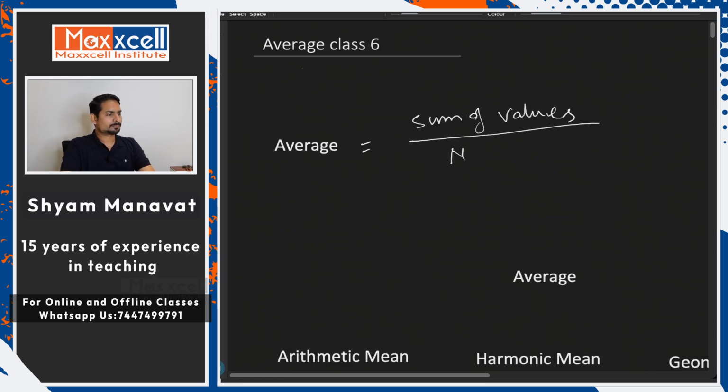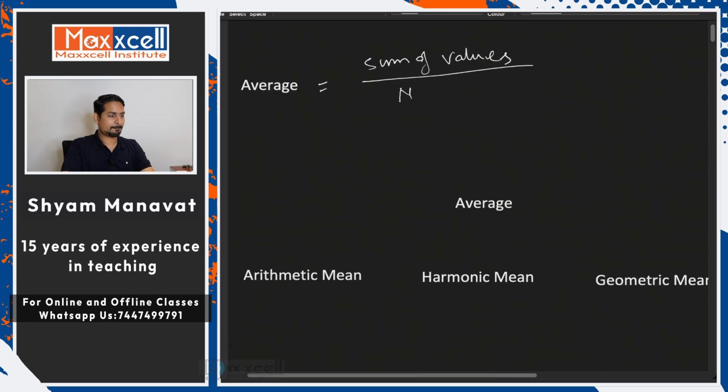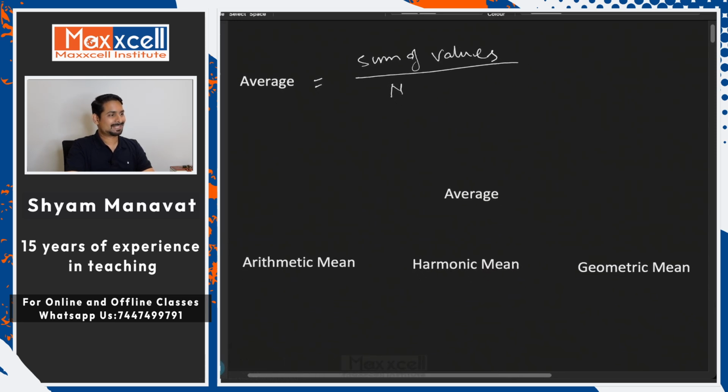Now, let me give you a different perspective of average. Average, which we can also call mean. There are three means, and we use them in different situations to calculate the average. So we will see what these means are and in which situation we are going to use them.